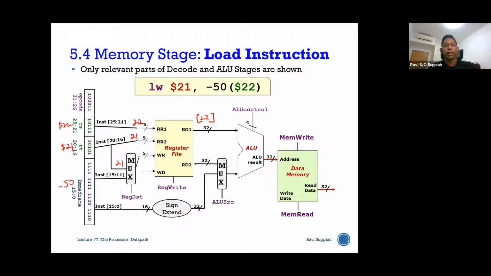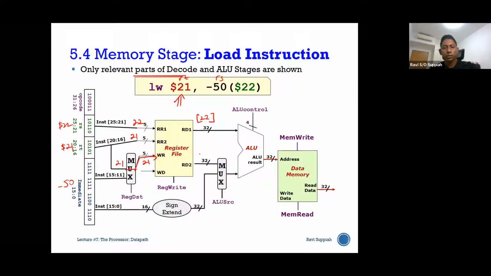Since I know this is a load word instruction, this is my RS, this is my RT, and RT is the register I need to write back to. So I will configure my register destination so that 21 gets selected to come here, to specify that that is the register I want to write back to later on.